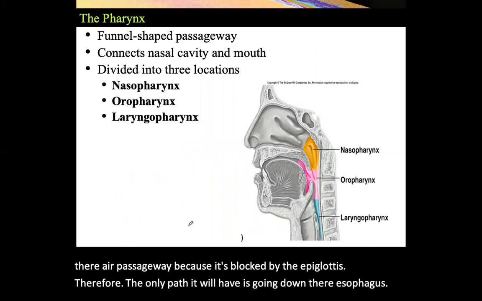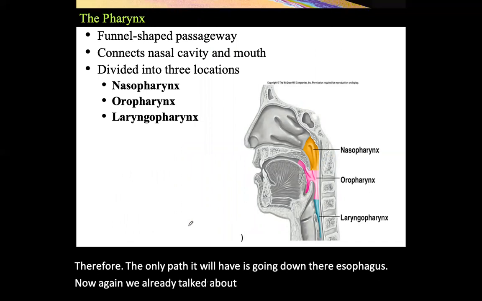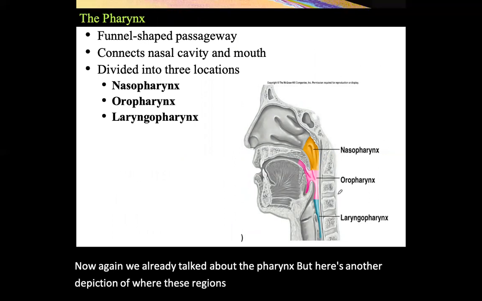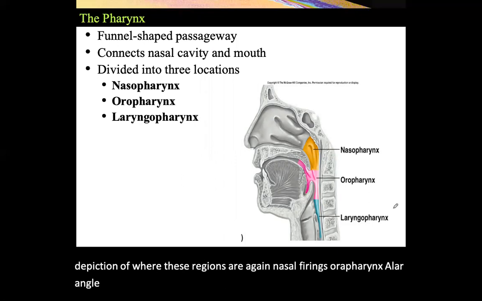Now, again, we already talked about the pharynx, but here is another depiction of where these regions are. Again, nasopharynx, oropharynx, and laryngopharynx, depending on the region associated with either nasal cavity, oral cavity, or your larynx, respectively.